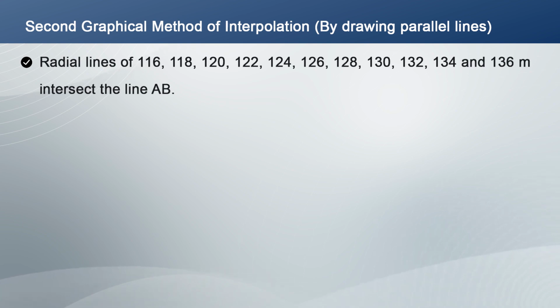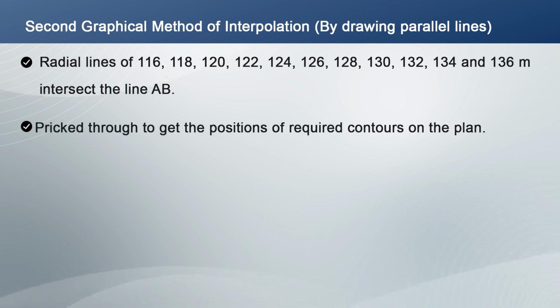The points at which the radial lines of 116, 118, 120, 122, 124, 126, 128, 130, 132, 134 and 136 meter intersect the line AB may then be pricked through to get the positions of the required contours on the plan.